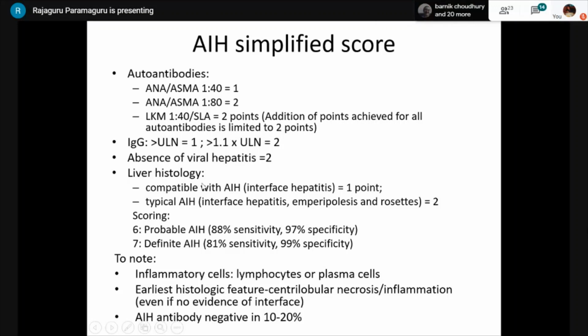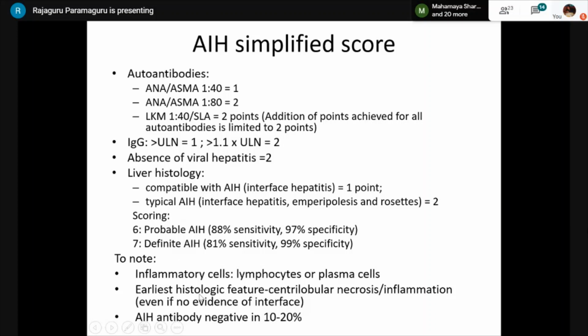For liver histology, if you have only interface hepatitis, that is with the presence of lymphocytes or lymphoplasmacytic cells, you give 1 point. That is called compatible with AIH. If it is typical, you need to find interface hepatitis, emperipolesis, and rosettes, and you give a 2-point score. If it is probable, the score is 6, and if it is 7, then you give it as a definite AIH.